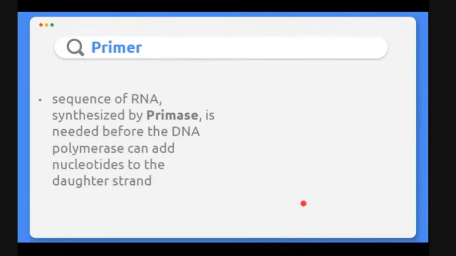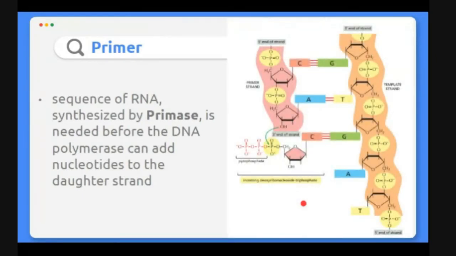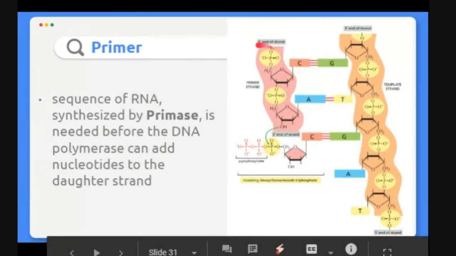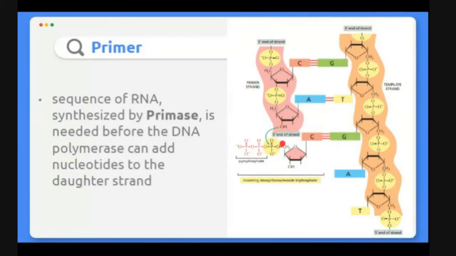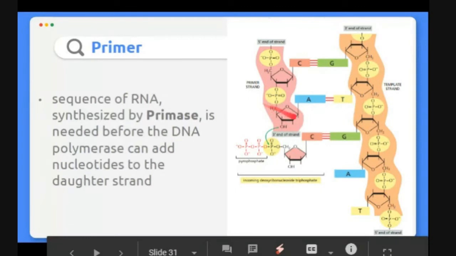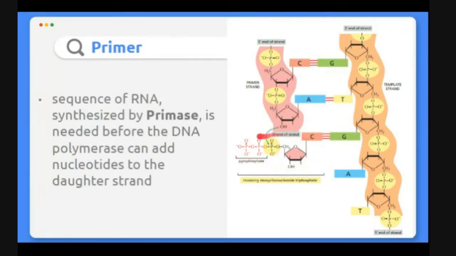Okay, so ayun. If you take a closer look, ito yung RNA primer mo, right? And now, since meron ka nang primer, pwede ka nang mag-add sa 3' end ng DNA mo ng nucleotides mo. Okay? Huwag kayong ma-intimidate dito sa structure na to, i-explain ko yan mamaya.